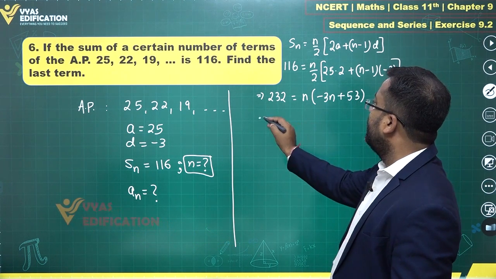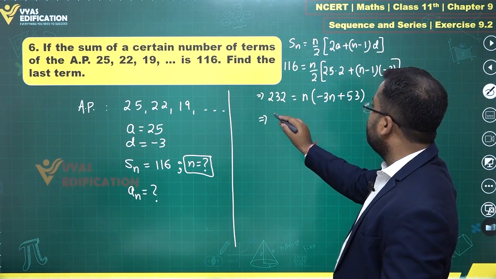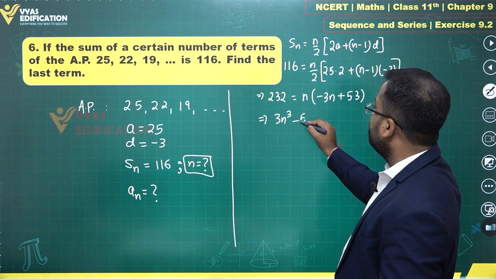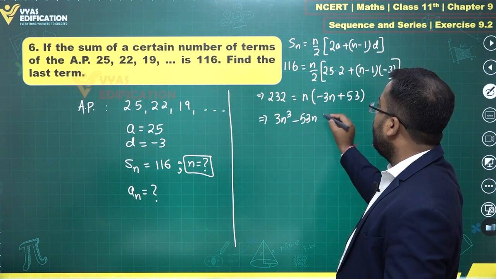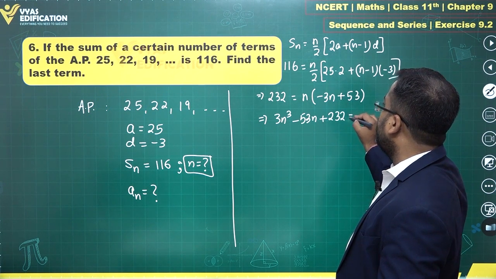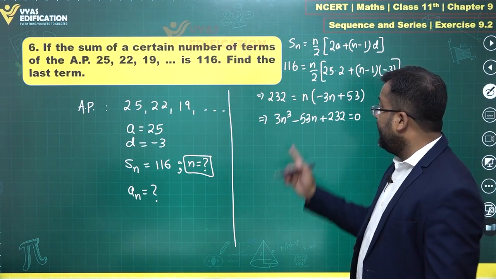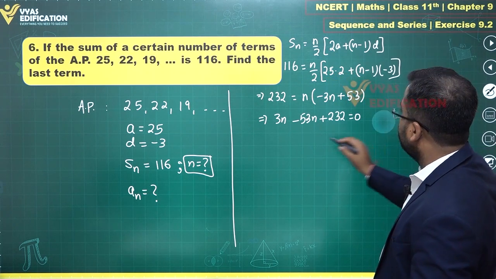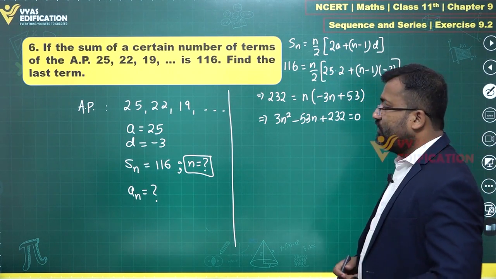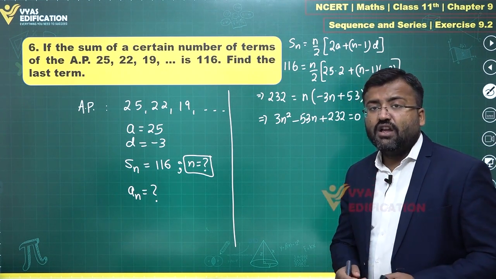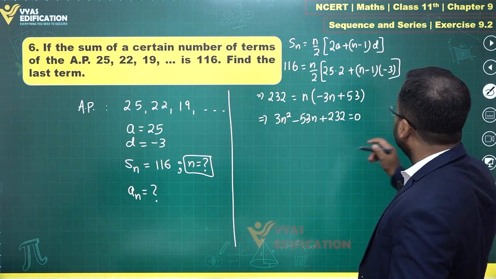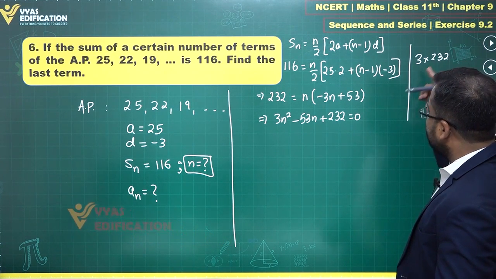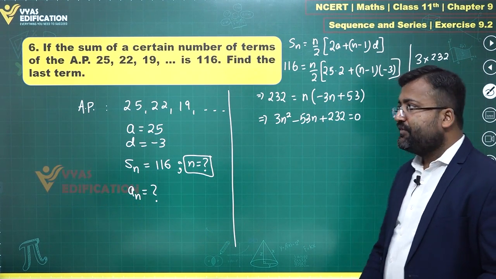Multiply this: minus 3n square comes over here, this becomes 3n square, plus 53n comes on the left hand side, this becomes minus 53n, and you have plus 232 is equal to 0. 3n square minus 53n plus 232 is what I have. What else? Multiply 3 and 232 and factorize them to get the sum 53 somehow.